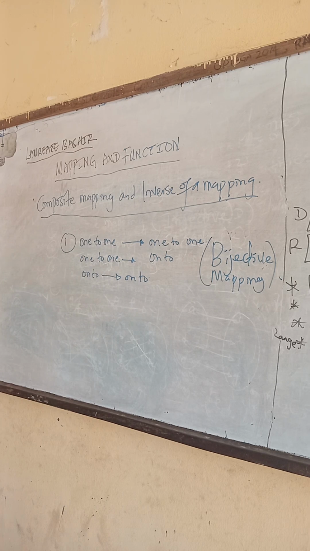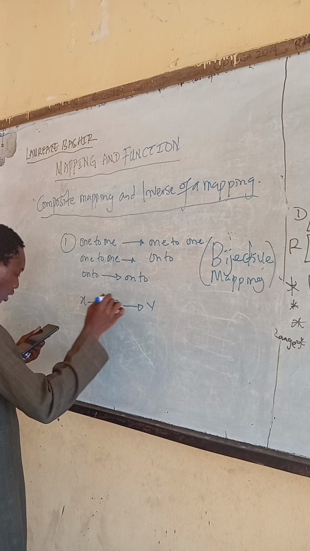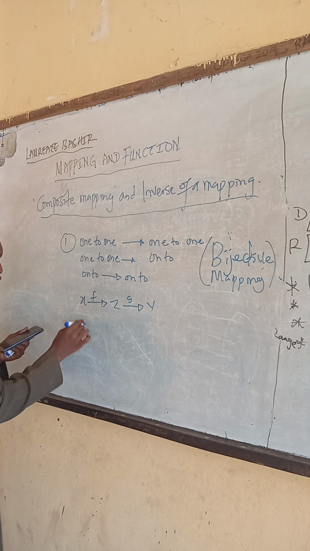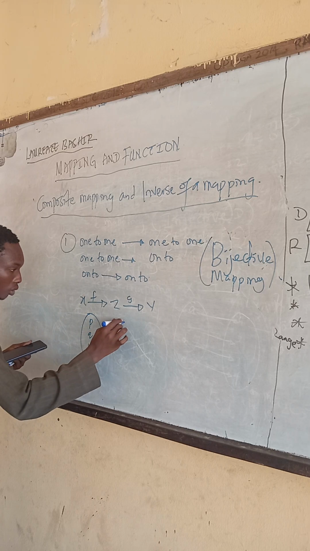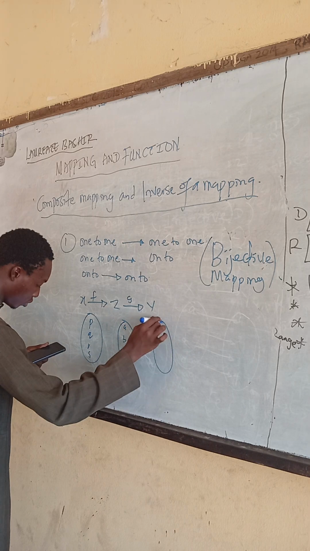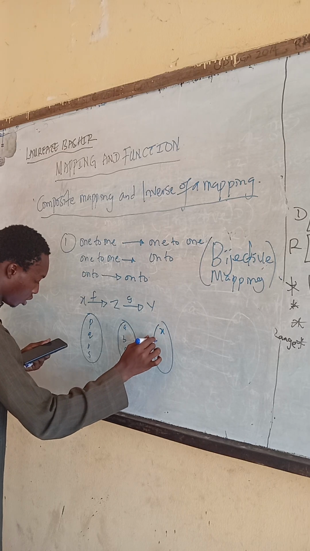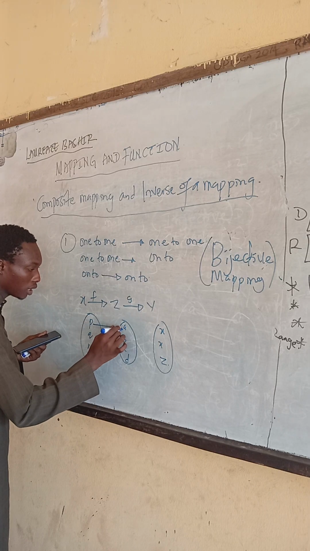So let's see this diagram. This diagram really explains what we mean by composite mapping. Now let's say we have a mapping, X is mapped to Z, mapped to Y, with functions F and G. Then we have P, Q, R, S, then A, B, C, D, then X, Y, Z. So this is mapped to this as in the diagram.